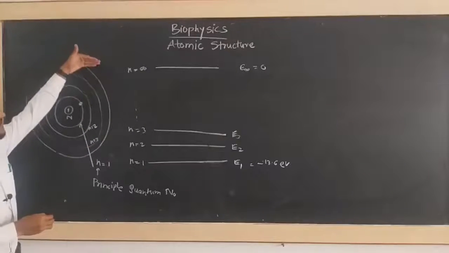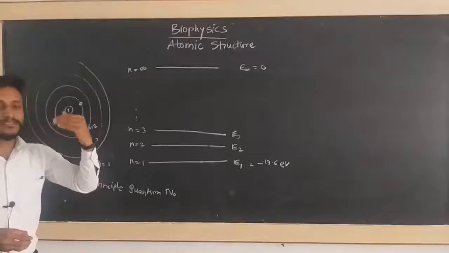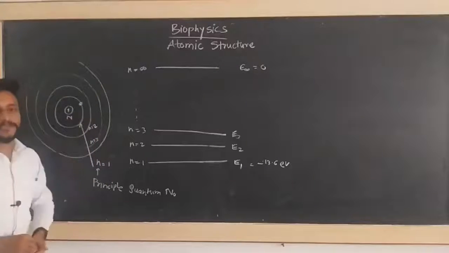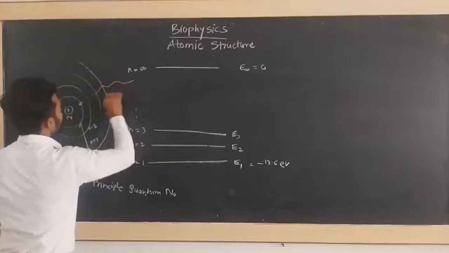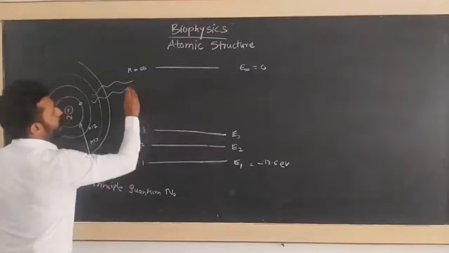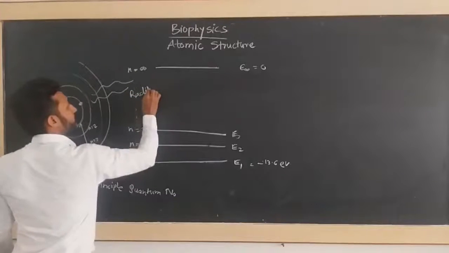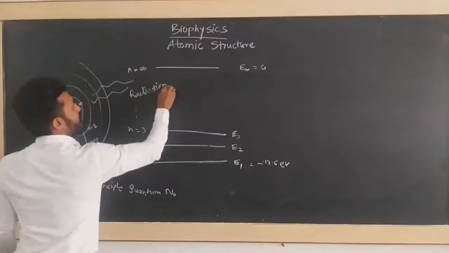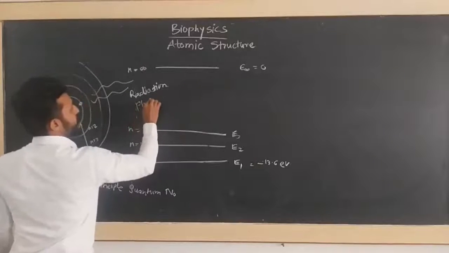While jumping from a higher level to the lower level, the electrons release some amount of energy during this de-excitation process. That released energy is in the form of radiations, or photons.